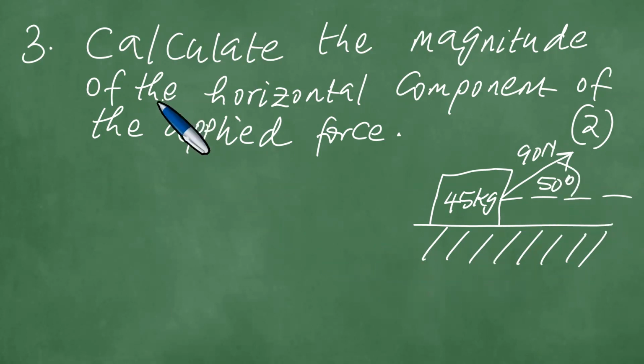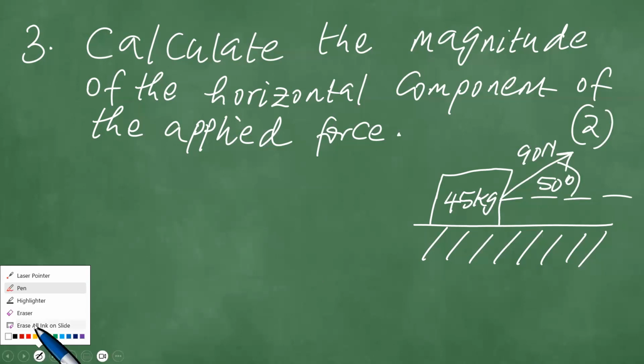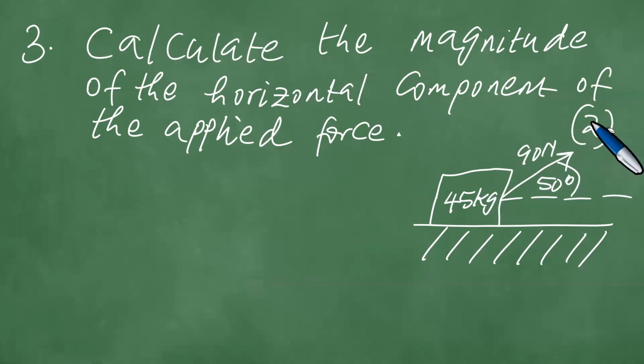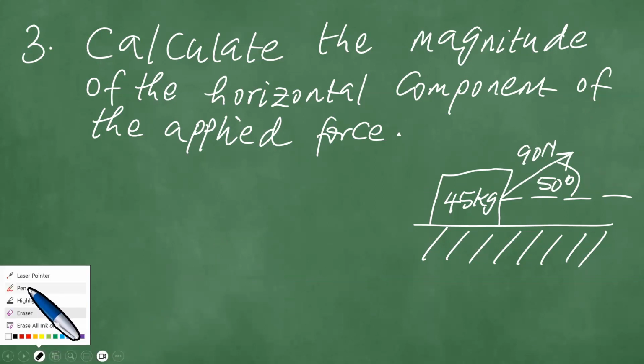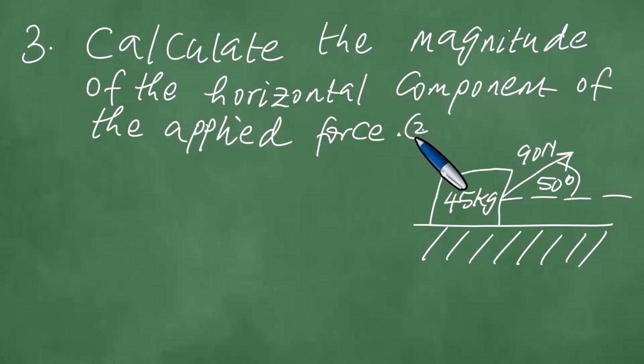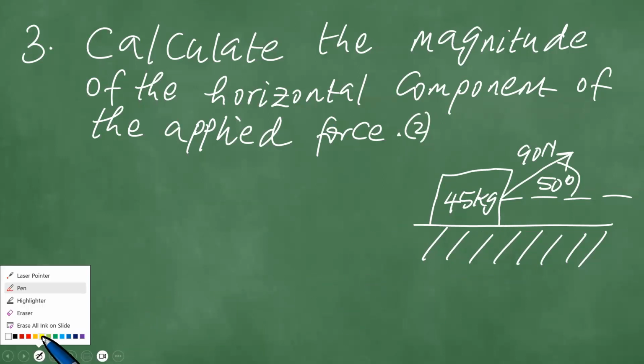The examiner is asking us to calculate the magnitude of the horizontal component of the applied force, and the applied force is the force of 90 newtons. Look at this very carefully. The marks here are 2 marks, and this is the diagram. So let us look at the solution in yellow.